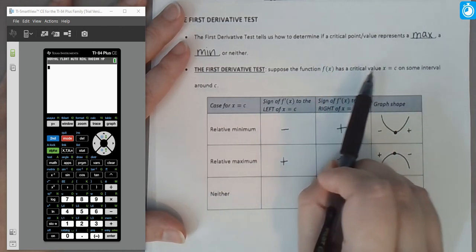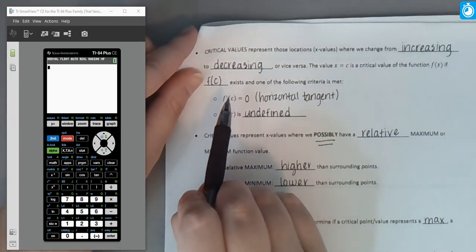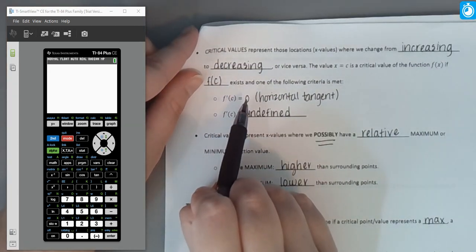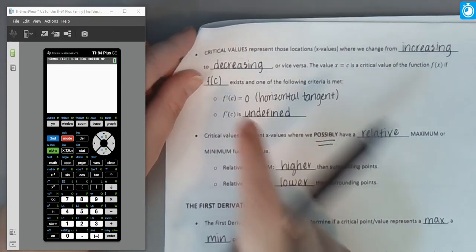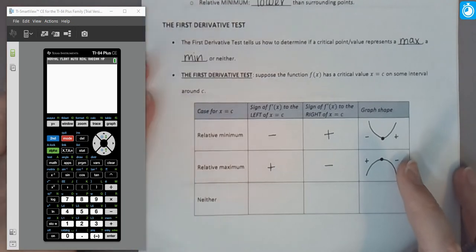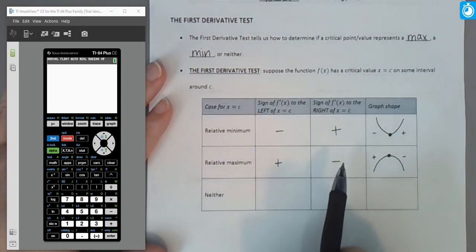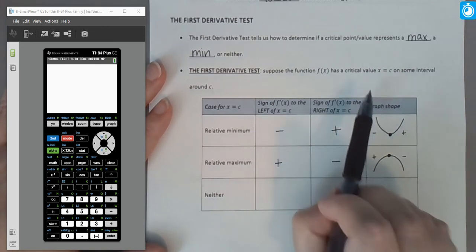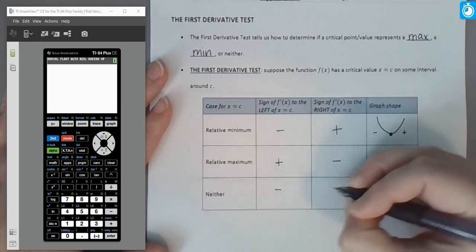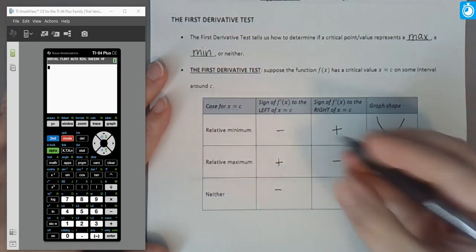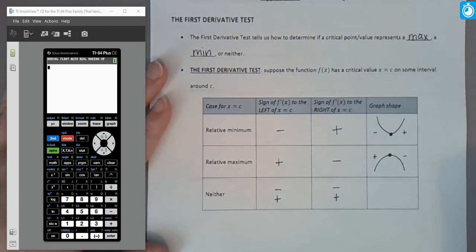What if we have a critical value, a location where either our derivative has a value of 0 or the derivative is undefined, but the signs of the derivative don't actually change on either side of this x value? In other words, we go from a negative derivative to a negative derivative, or from a positive derivative to a positive derivative.